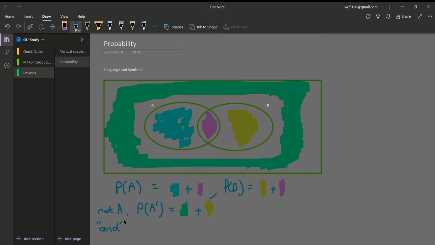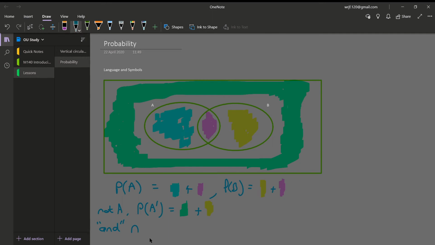If I talk about, for example, A and B, then I can represent that with a symbol which looks a bit like an N shape. It's actually not quite an N, it's more like an upside down U really, but I kind of think about it as being an N as well.